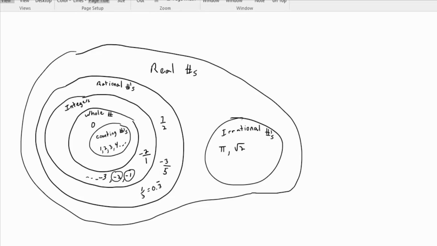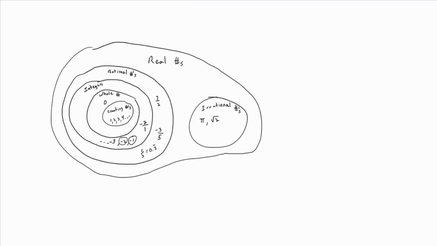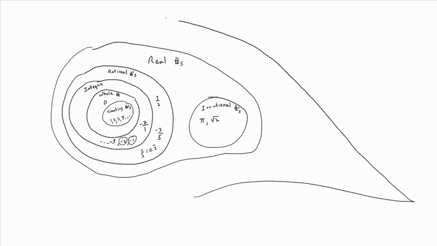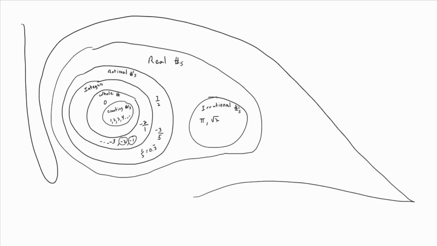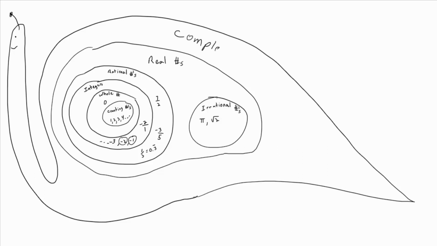And then what other number set have you learned about in this class? The complex numbers. The complex numbers contain the real numbers. Every real number is a complex number.